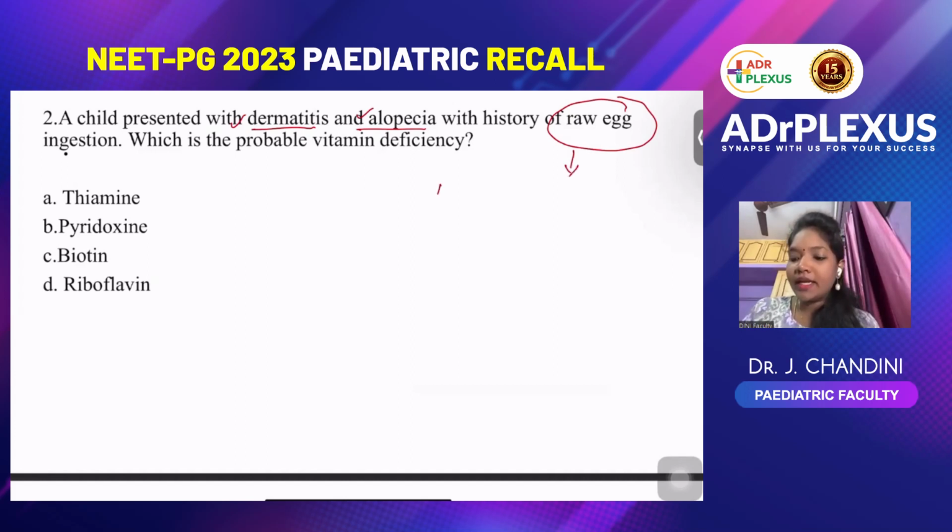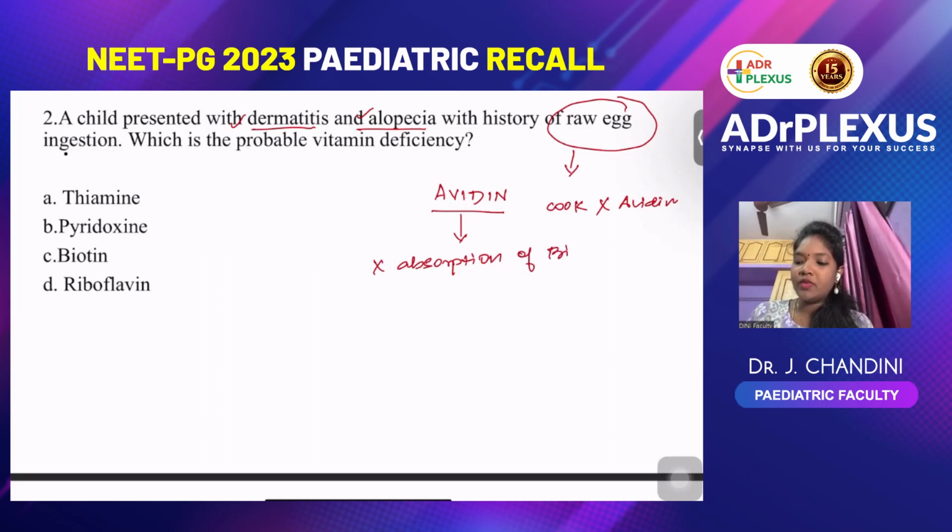Raw egg contains a particular substance called avidin. Avidin interferes with the absorption of biotin. Biotin is a vitamin, right? So you do not have biotin in the body, and you will have biotin deficiency.